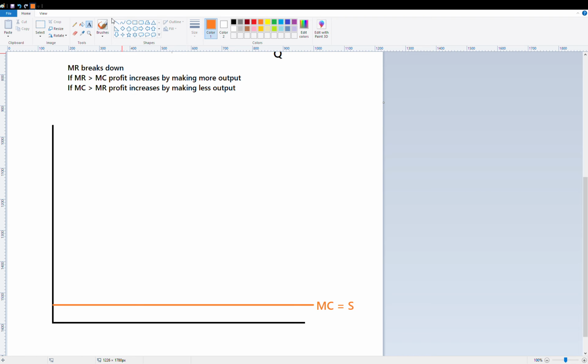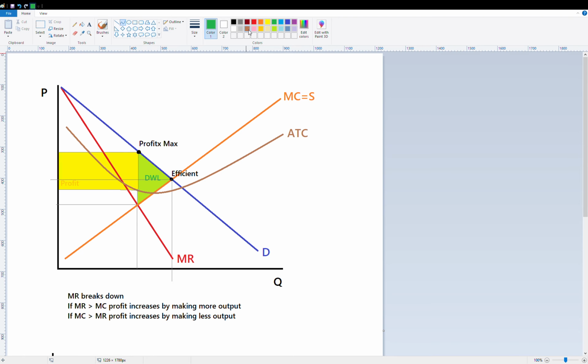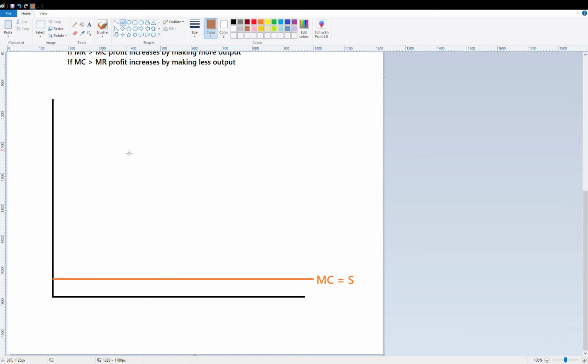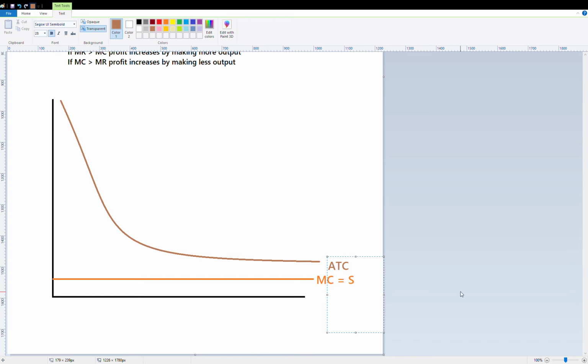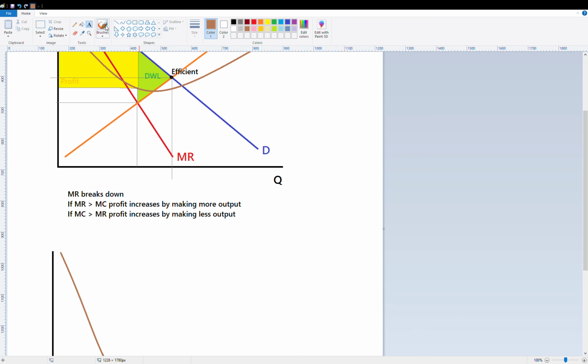And since it's there, the ATC, instead of doing this, it'll just keep sloping down like this. Average total cost is always going to decrease. The ATC runs like this, and of course the MR and MC are there.